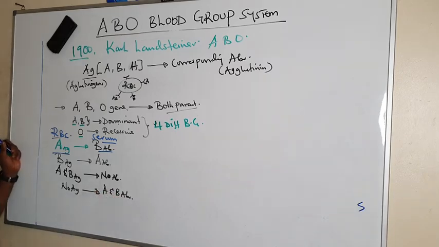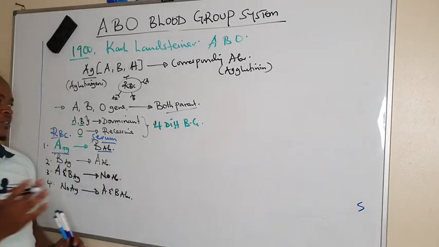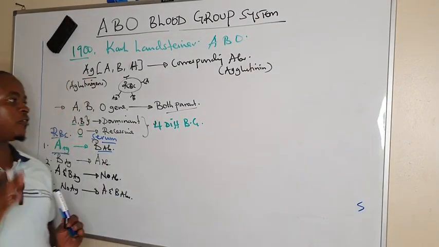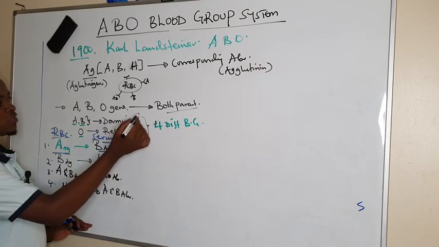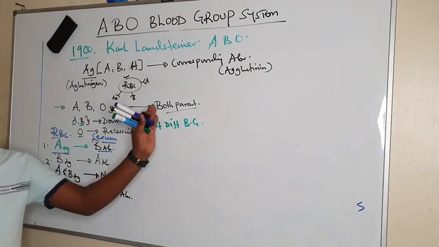So this is what gives rise to the four blood groups we have according to ABO. And we have seen that their inheritance is from both parents, whereby you inherit two genes, each from a parent.